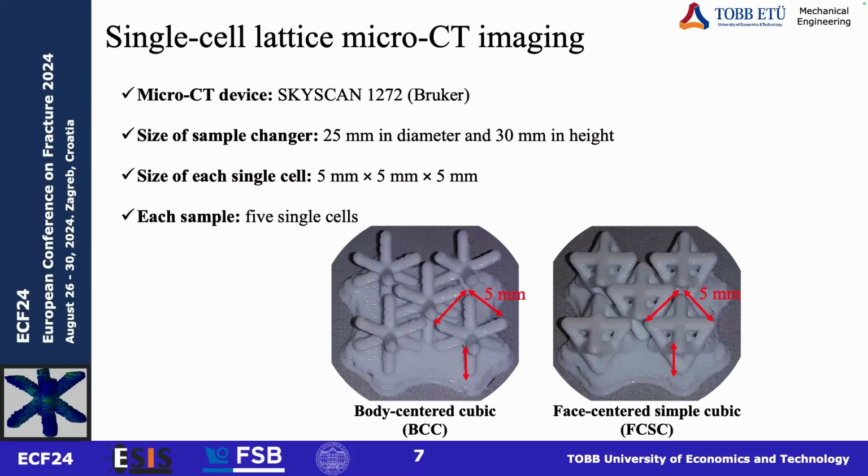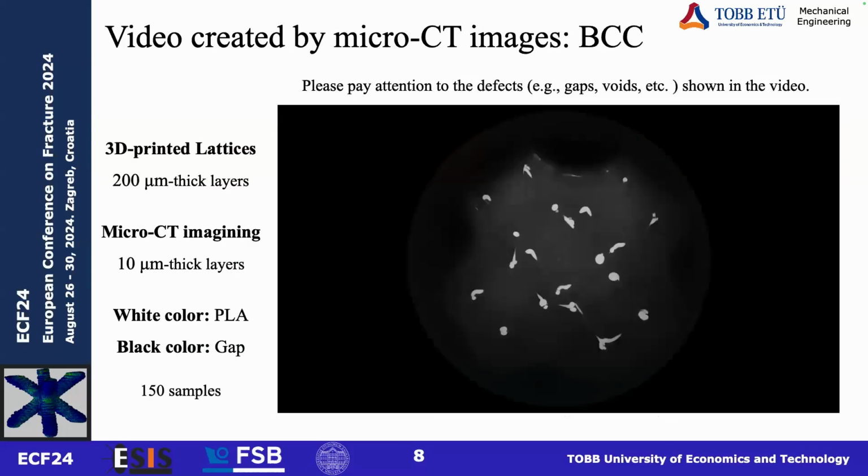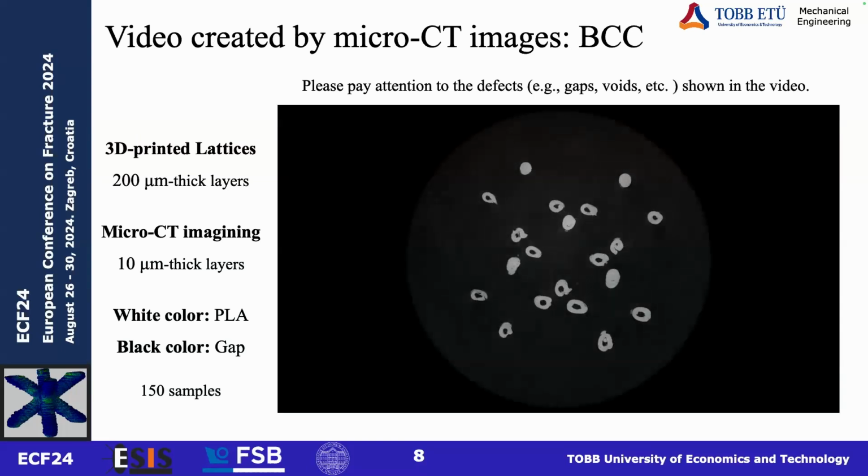And because of the dimension of our sample, our lattices, which were 5 millimeter by 5 millimeter by 5 millimeter, we create these samples, 5 single cells in each sample. And also we use two lattice types, BCC, body-centered cube, and FCSC, a combination of FCC and SC, or face-centered simple cube lattice.